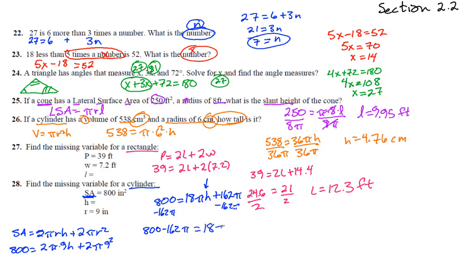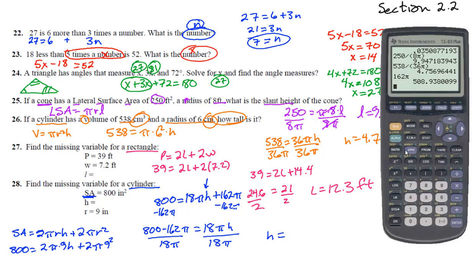And then for 18 pi h, getting h by itself, we're going to divide by 18 pi. So we get h equals, and punch this all in together, 800 minus that 508.94. We'll do that by second answer, and that will keep all of the decimal places, so our answer will be as accurate as possible.